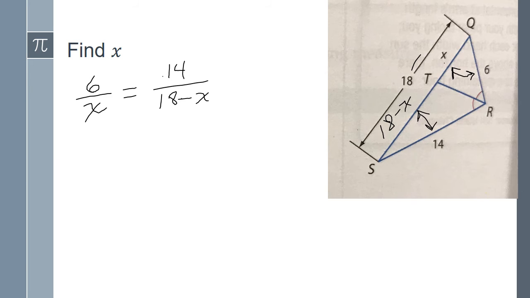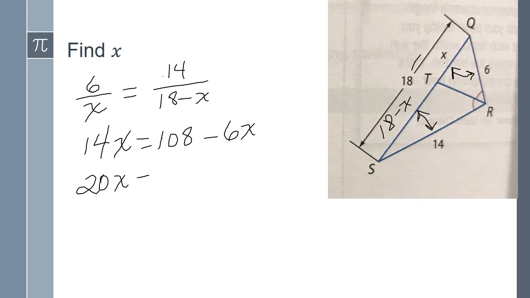So we're going to cross multiply now. So I get 14x is equal to 6 times 18, which is 108, minus 6x. Right? 6 times 18 is 108. All right, so then we're going to add 6x to each side, and I get 20x equals 108.